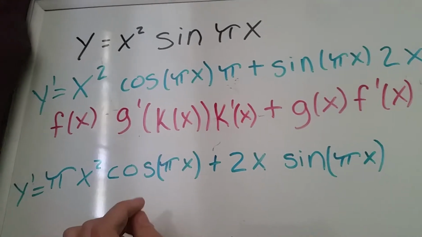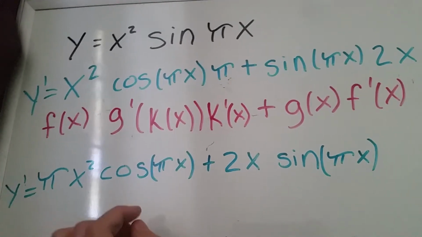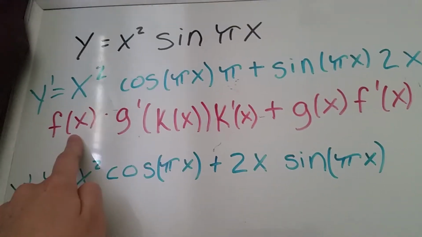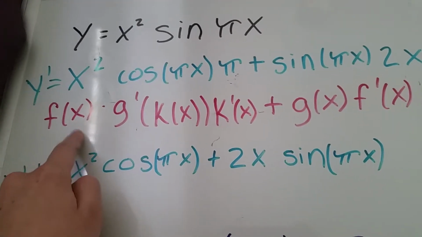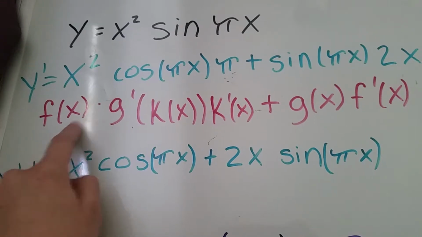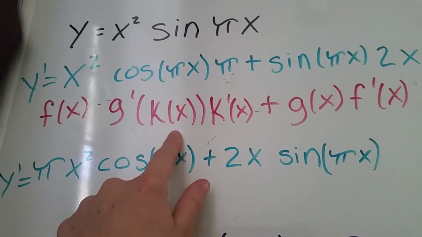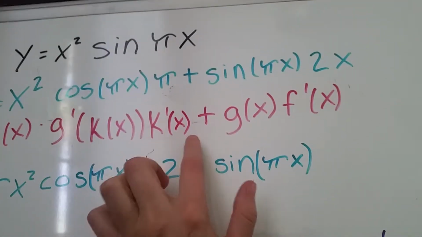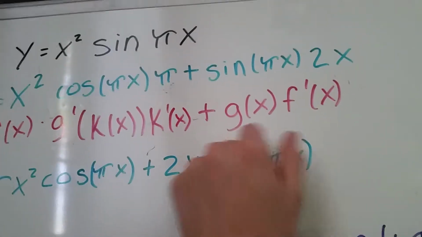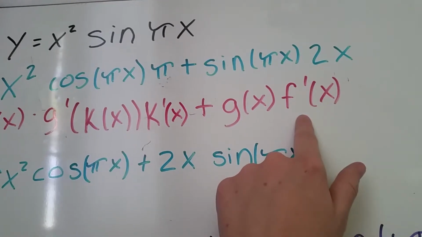So to set up for the product rule, we're going to do the original function, just like we said in our little explanation before. We're going to do the original function times the derivative of the second function. And then we're going to do the original second function times the derivative of the first function.